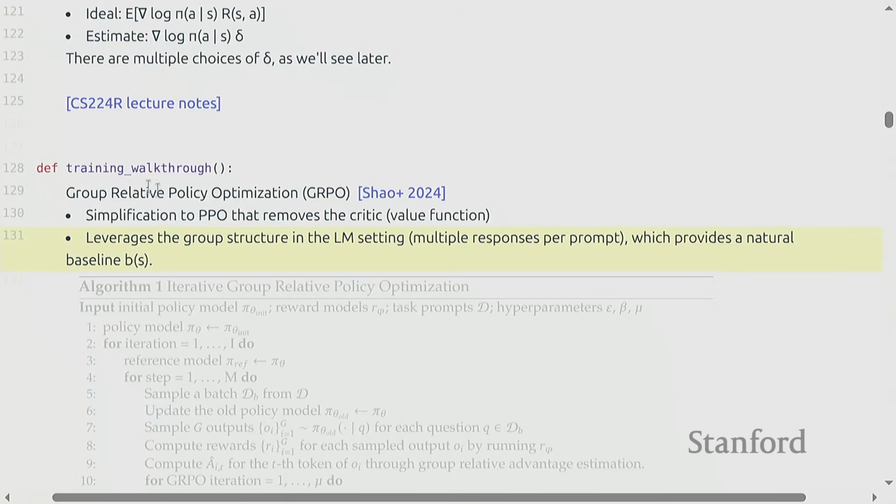That's why this is relative to the group. Whereas if every rollout looks different, there's no natural group structure, then GRPO doesn't really make sense. You have to find something else, and that generally tends to be a value function, which aggregates over all the possible states and actions. In this case, because of the LM setting, you have an empirical estimate over all the possible responses without considering everything.